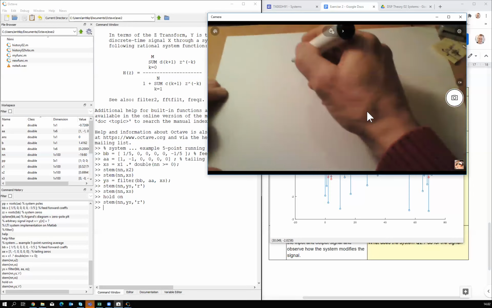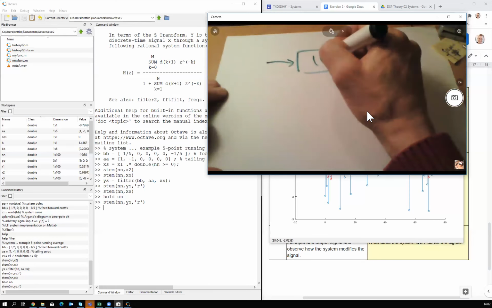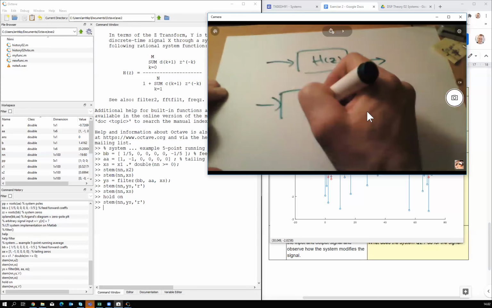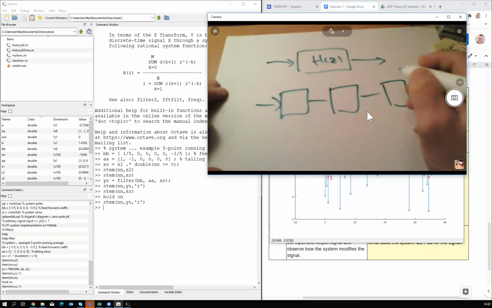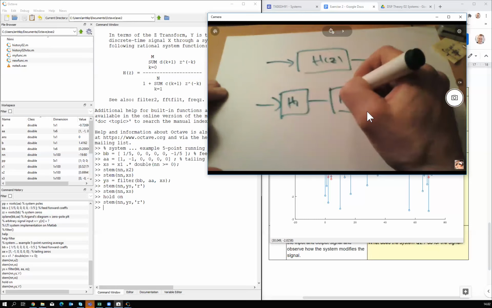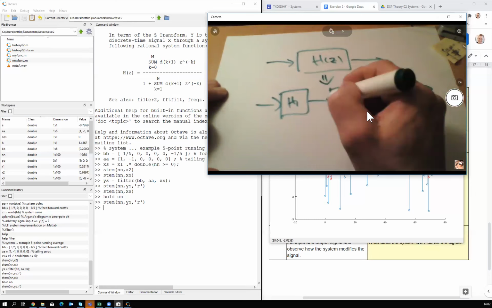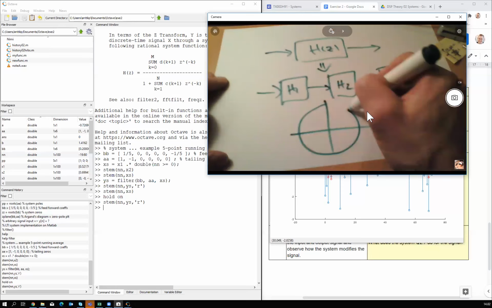Anyhow, if you have that one big H of Z here, you can find the complex conjugate pole pairs and break the system down into second order systems. Think of the zero pole diagram.